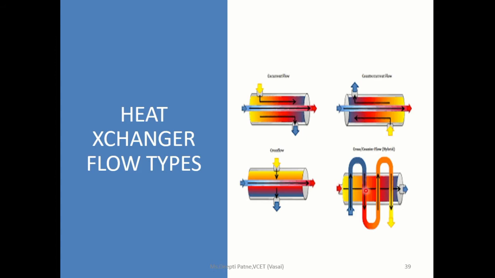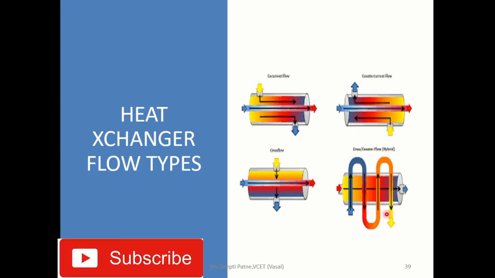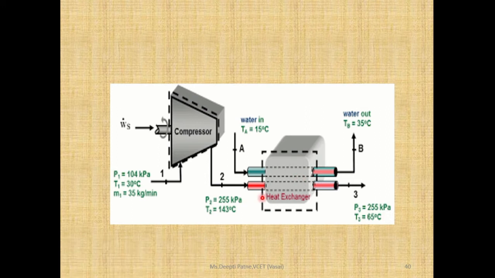The hot air is passing in the same direction, whereas the cool water passes in a U-tube manner. So after the compressor, my heat exchanger or cooler comes. I am passing air at a certain temperature, and it comes out at some other temperature, that is, cooled down in this case.